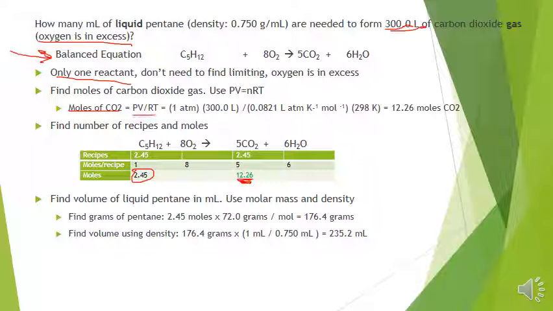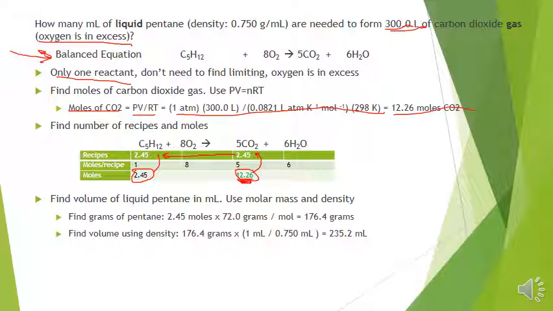We're going to use the ideal gas law, plug everything in, and you end up with 12.26 moles of carbon dioxide. Put that number right here, then figure out how many recipes you can do with it. So you can do it 2.45 times. So you have to do it 2.45 times to make 12.26 moles of carbon dioxide.